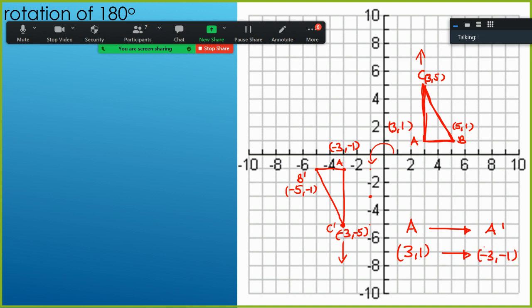Okay, examine those points. Do you feel that you can make a rule or an explanation for how to change the X and Y? What stays the same? What changes? Any thoughts?